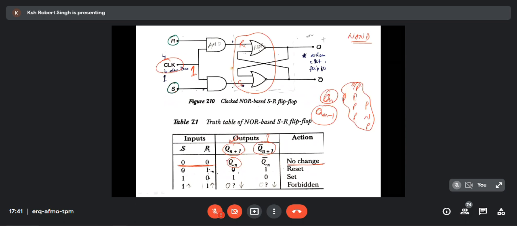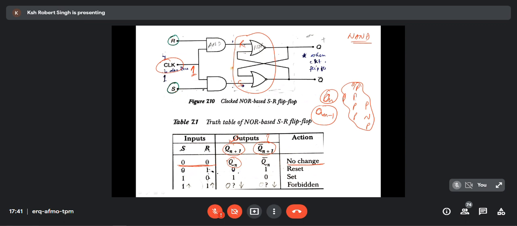If you have any problem, you can tell me at any point of time. So when S is 0, R is 0, the output should not change. My previous output will be my next output also. My previous is 0, your present or next will also be 0. My previous is 1, then now also it will be 1.